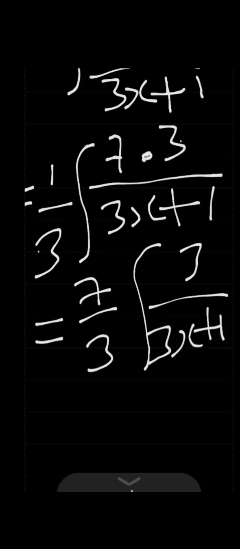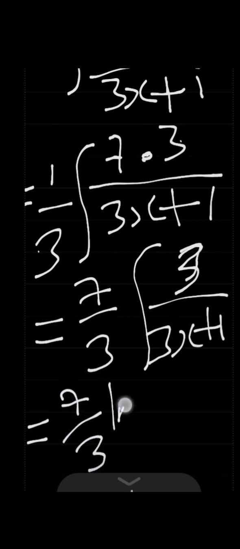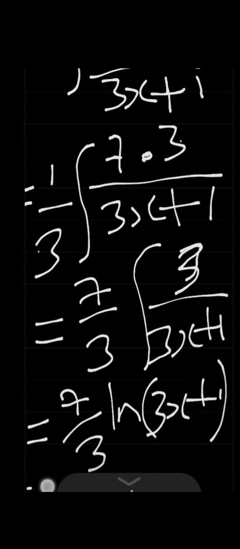So now do you see that if you differentiate the denominator, you get a 3, that is the numerator again. So the answer is just the logarithm of the denominator. So this will be 7 over 3 ln of 3x plus 1, right? So for this question, we are done.